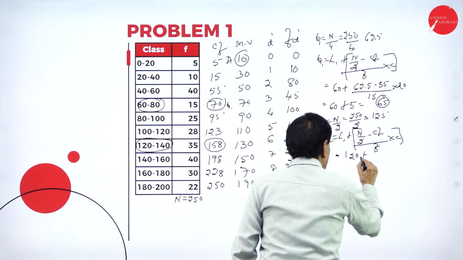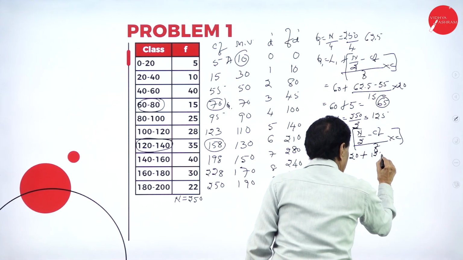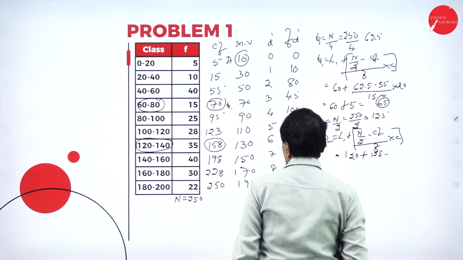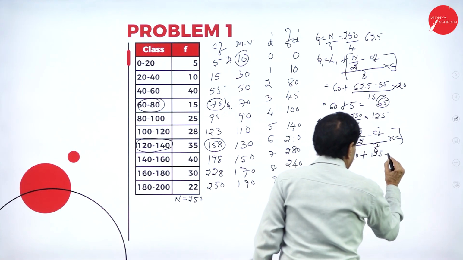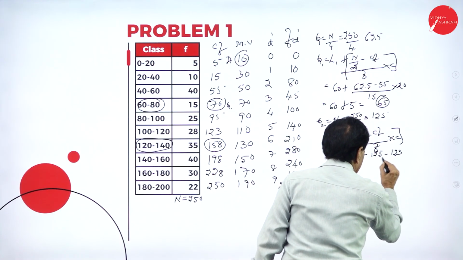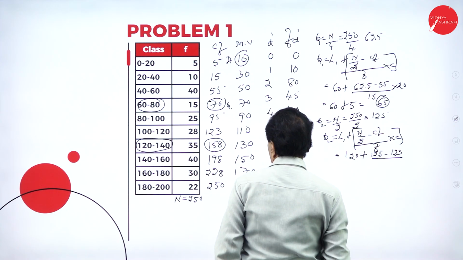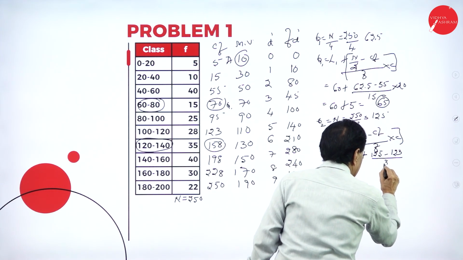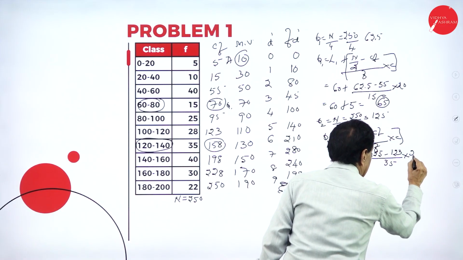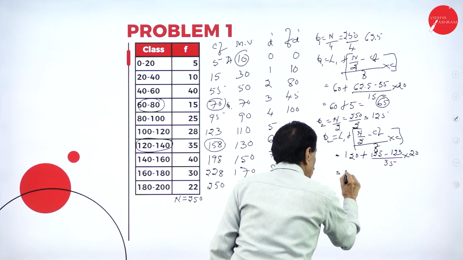N by 2 is 125, minus the CF behind that number, 123, divided by the frequency 35, into 20.